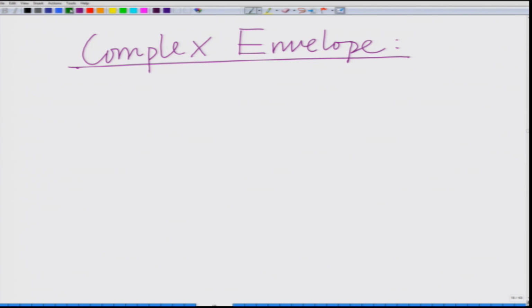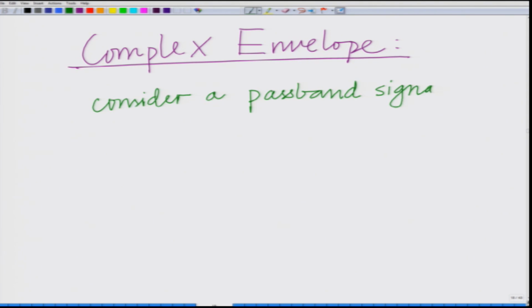Towards this, consider a passband signal x(t), and give it Fourier transform X(f).